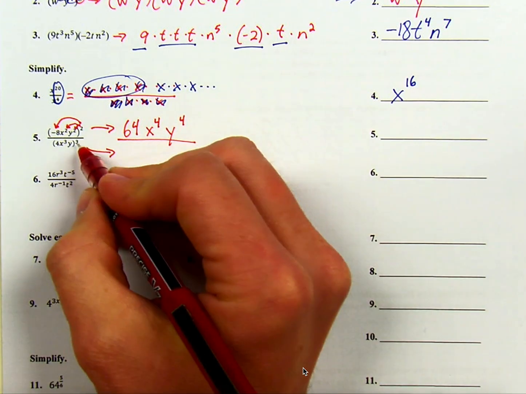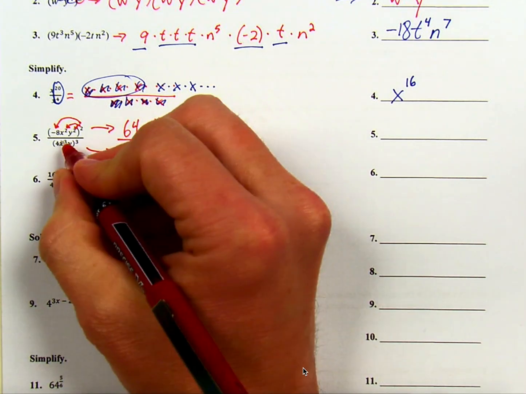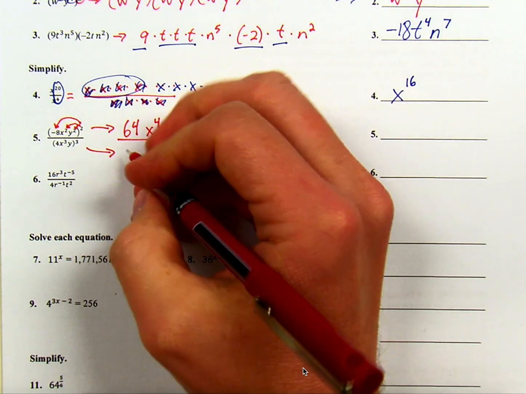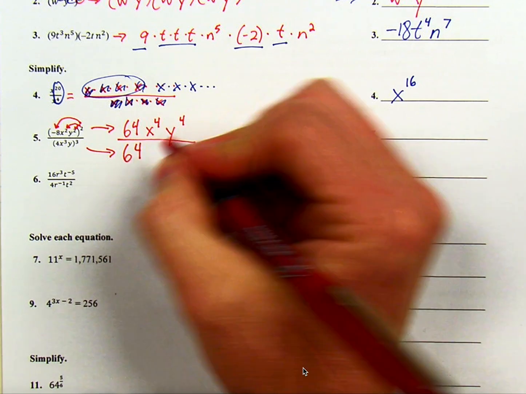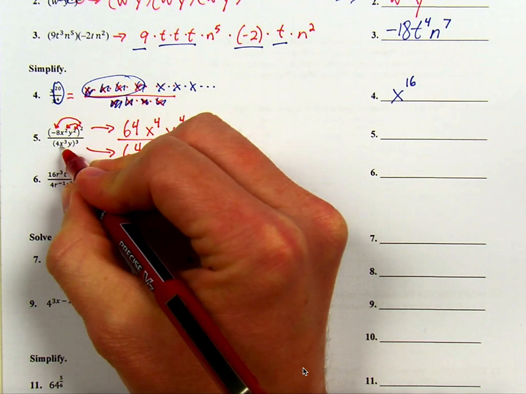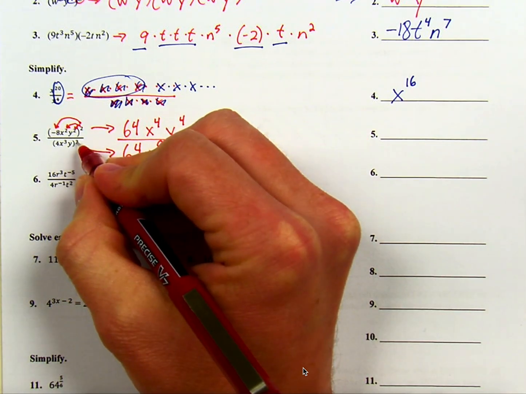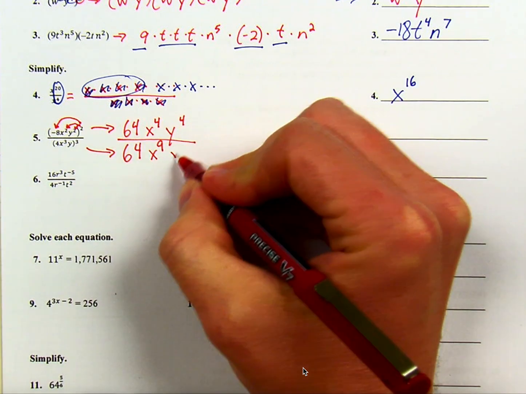Then I'm going to cube the bottom of this. So I'm going to do 4 cubed. That's 4 times 4 times 4, which happens to also be 64, interestingly enough. Cube the x cubed, so that's x to the 3 times 3. And then y to the 3, y cubed, yeah?